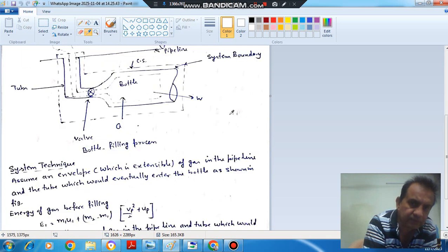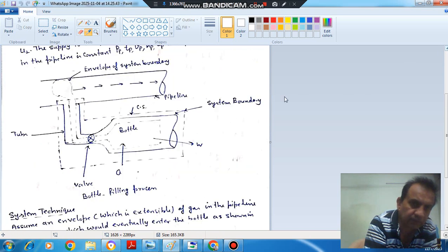Now if we consider this system, the energy before filling is the energy of the gas in the bottle, that is M1 u1, plus the energy of this envelope that is entering the bottle.